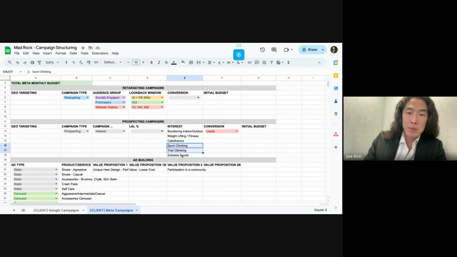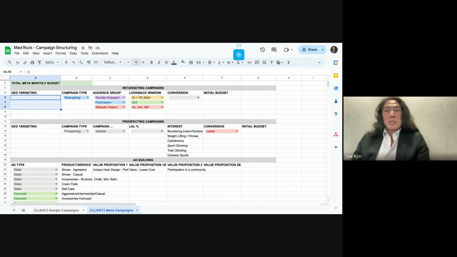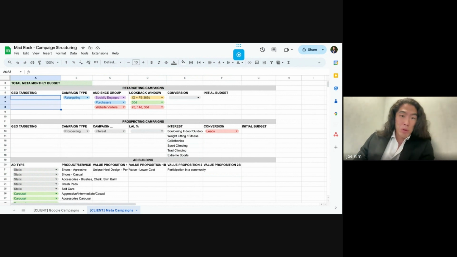Maybe some audience expansion in the future. You could target parents with children for that suburban customer, the more casual gym climbing customer. And then we've got a handful of different retargeting audiences. So this feels like a pretty robust campaign structure, with the potential to do more expansion into their events.